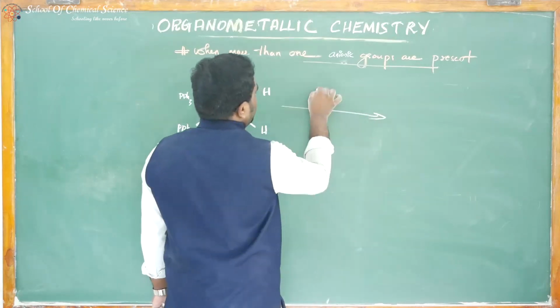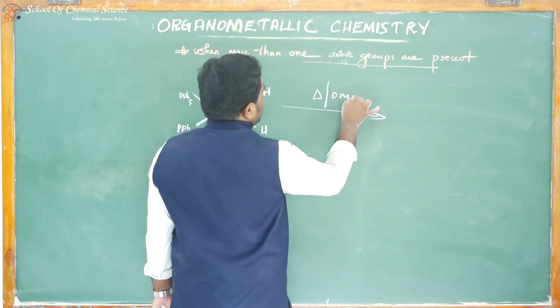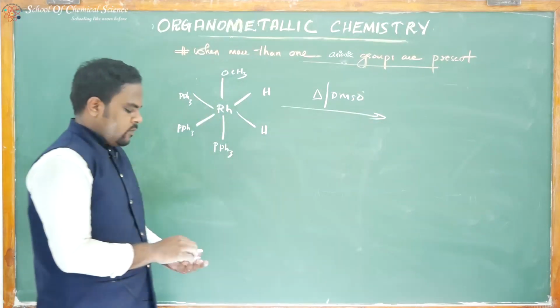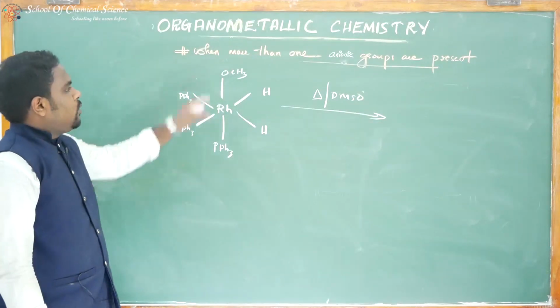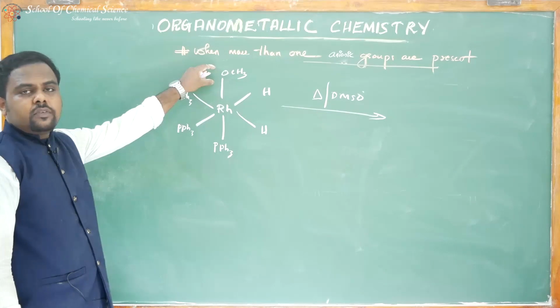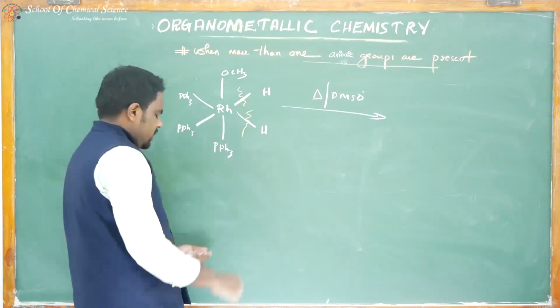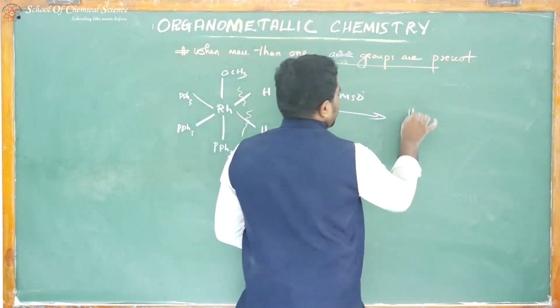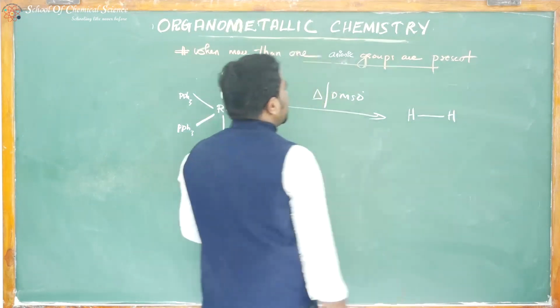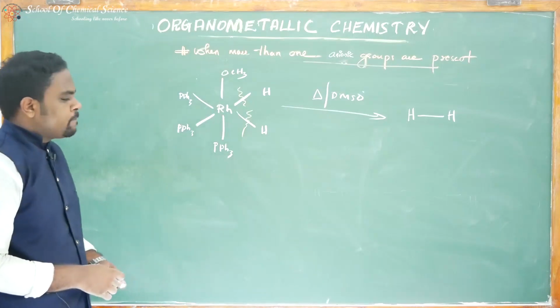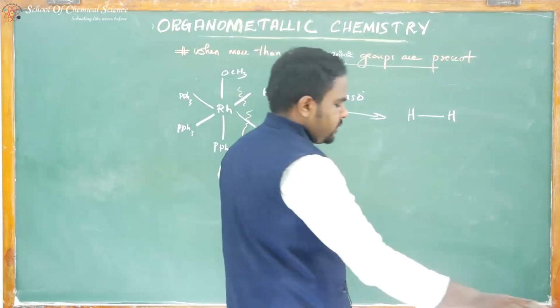Heating in the presence of a DMSO-like solvent. What will be your product? OCH3 is a heteroatom, least favored. So these two hydrogens are eliminated. So your product will be H2. Clear? Okay, next one.